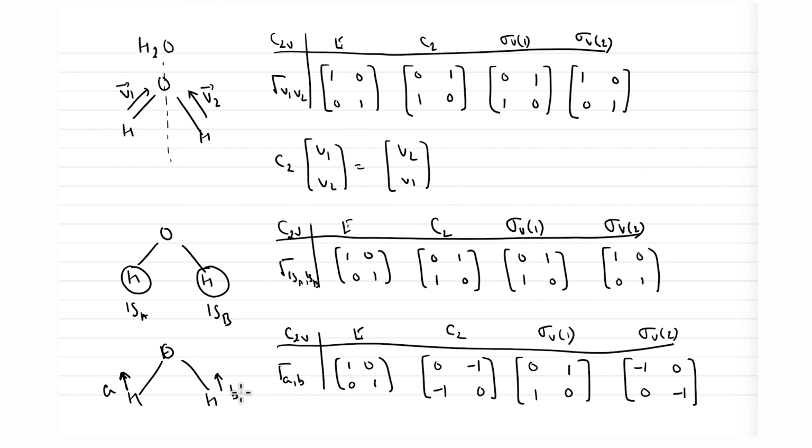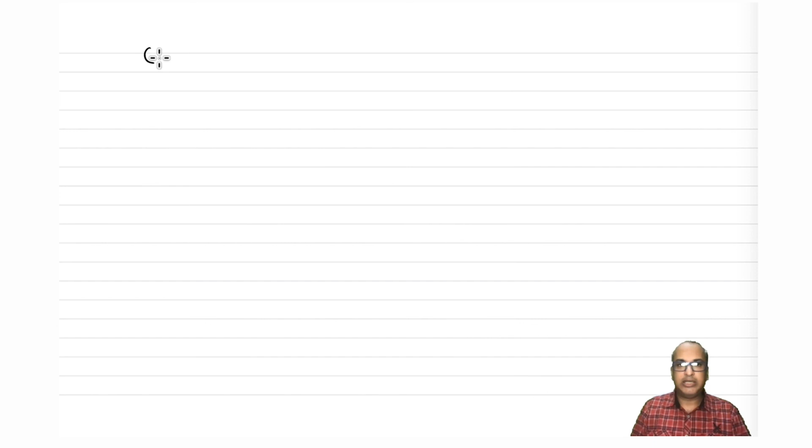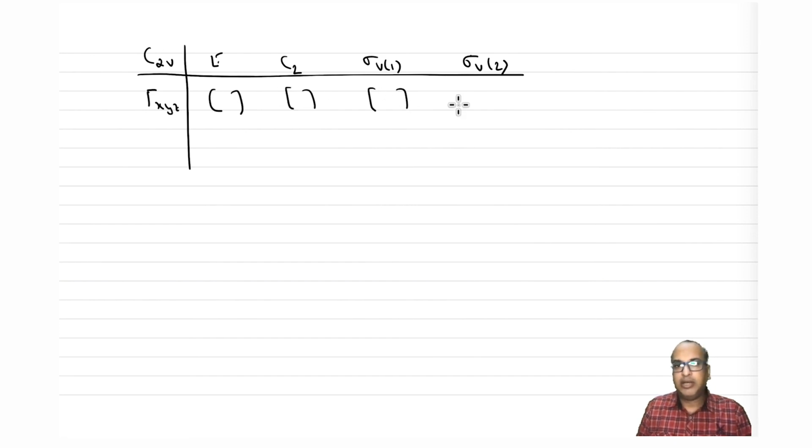Okay, so we can say that there are multiple such representations possible. If we now try to list all the representations down, what we have seen so far, we have seen E, C2, sigma V1. I'm not going to write all the matrices again, but I'll just try to make a point. Let's say if I have xyz, I get a 3 cross 3 matrix.